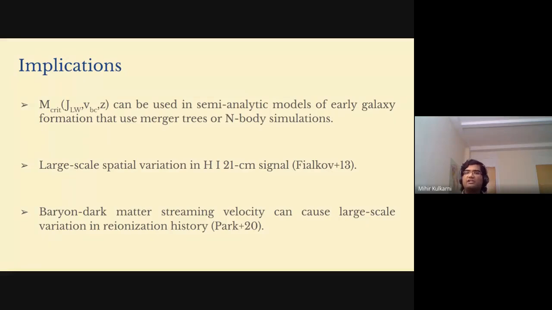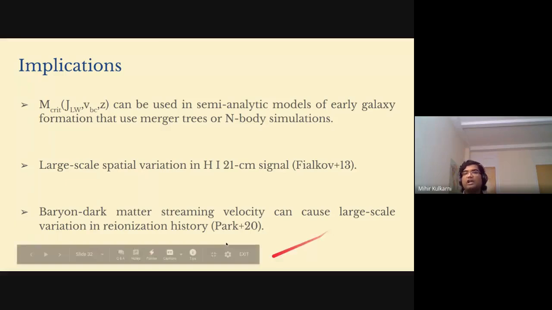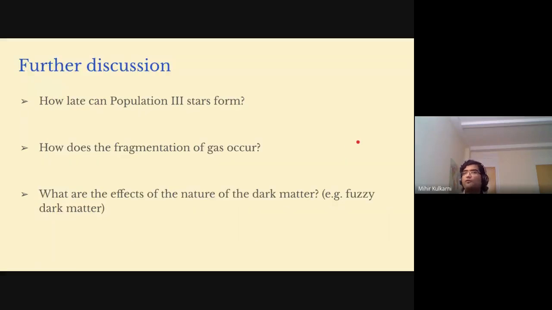And the variations because of this streaming velocity that I mentioned can have an effect on the 21 centimeter signal from the neutral hydrogen, which is expected to probe the processes of reionization. And this streaming velocity can also cause variation in when the reionization occurs. So I can drop a few points which I can talk about more if you have any questions.